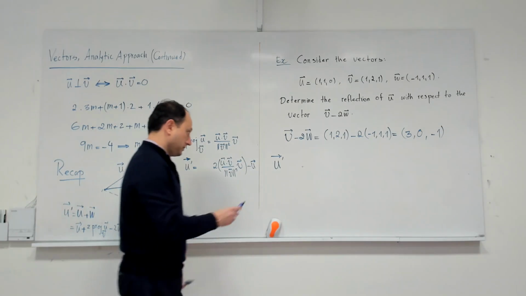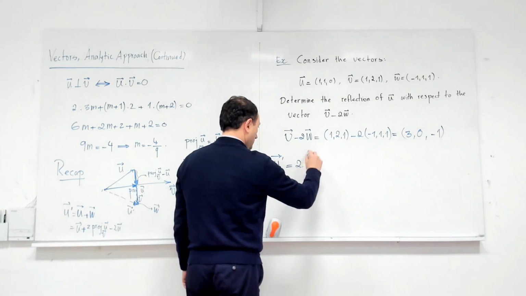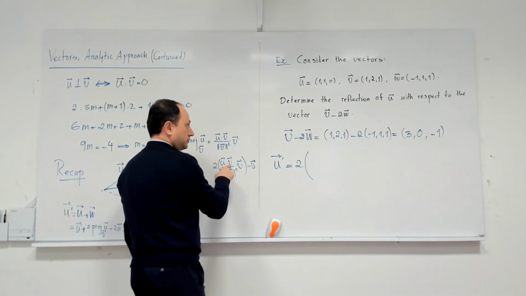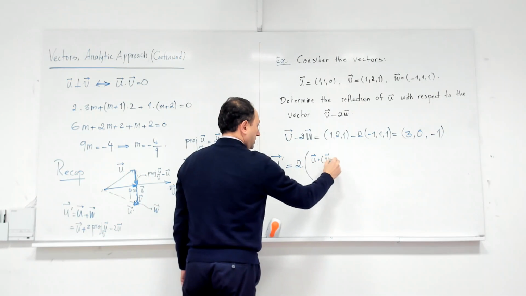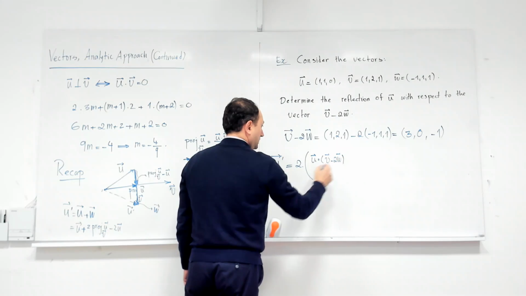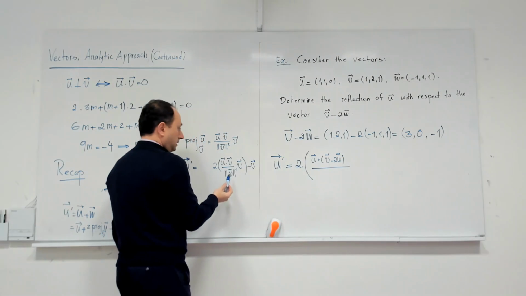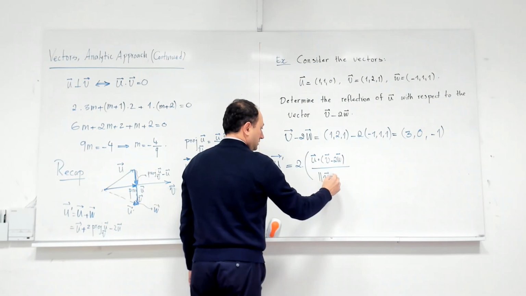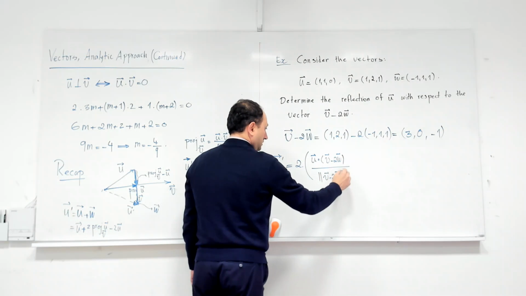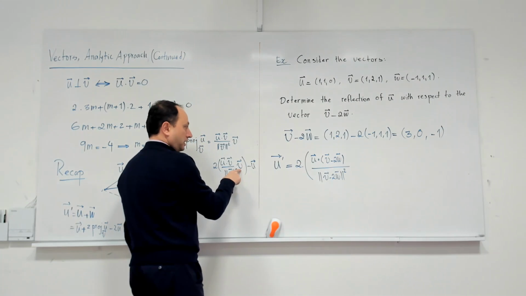So this becomes 2, and then I have u dot v, so now it becomes u dot (v minus 2w), divided by the norm of this vector squared, and then multiplied by the same vector.